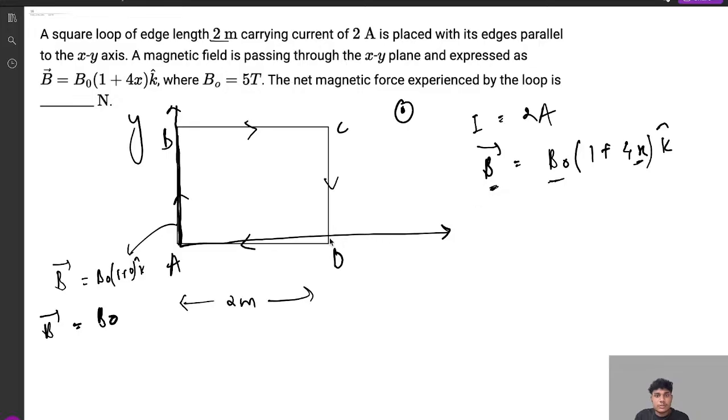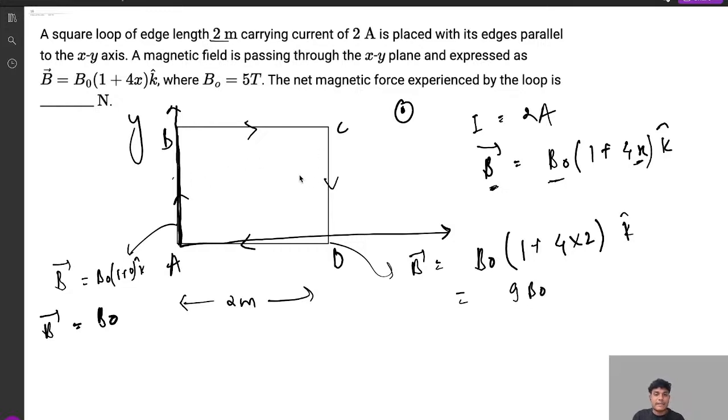Now for CD, x is equal to 2, since this distance is 2. So B is B naught (1 plus 4 times 2) in the k cap, that is equal to 9 B naught. Understand? दोनों पॉइंट्स के लिए अलग अलग मैग्नेटिक फील्ड आएगी.